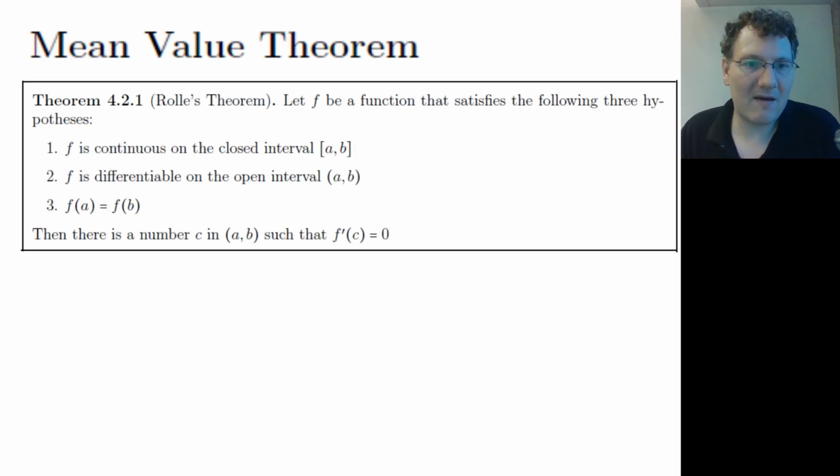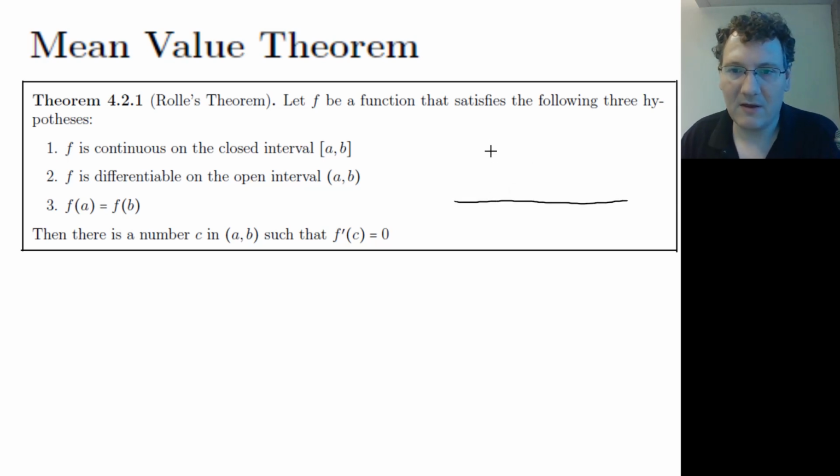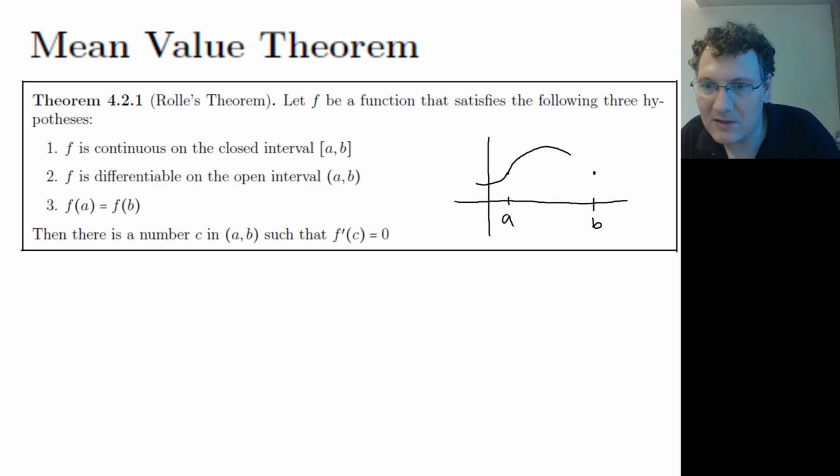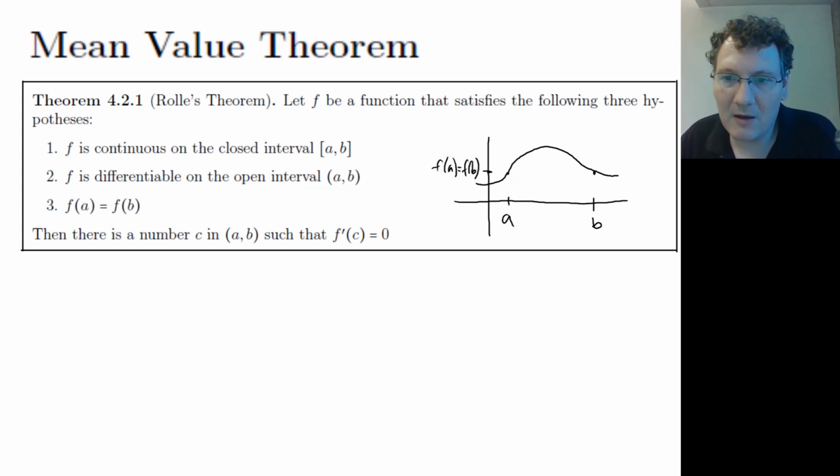So first off, we have Rolle's theorem. And essentially what it says is, if we have some function, as long as it's continuous on a closed interval from a to b, as long as f of a is equal to f of b, then what that guarantees us is there has to be some point c somewhere in here.